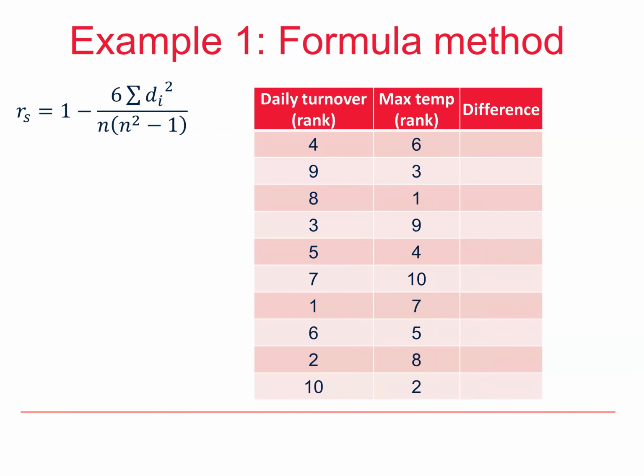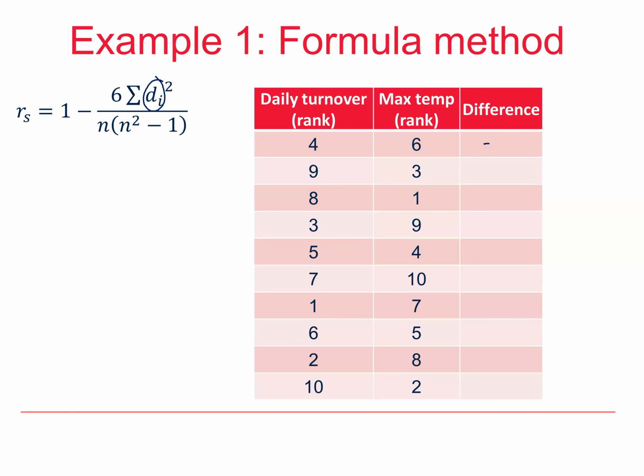This is how the formula works, which you do need to know. d is the difference between the rankings, so start by working this out for each pair. For consistency, subtract always the same way and include the negatives, although as you're squaring next, they don't matter in the end.